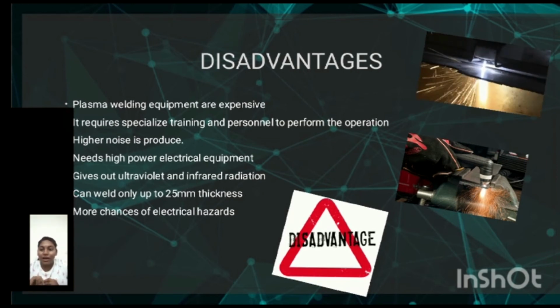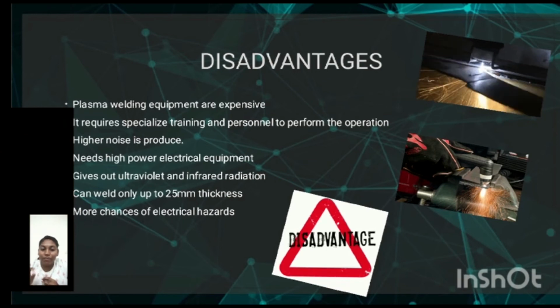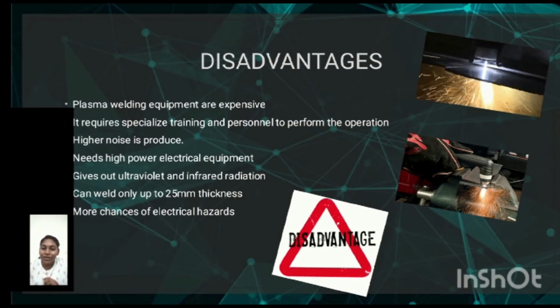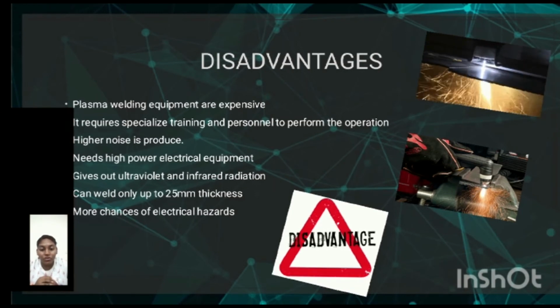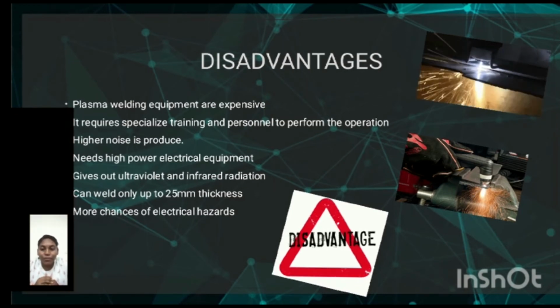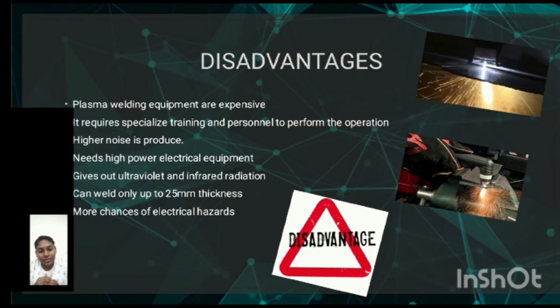Furthermore, it needs high power electrical equipment and gives out ultraviolet and infrared radiation. As you can see from the picture, when we use the welding, it produces ultraviolet and infrared radiation. Next, it can weld only up to 25 millimeter thickness. Finally, there are more chances of electrical hazards, because we use electricity for this welding.